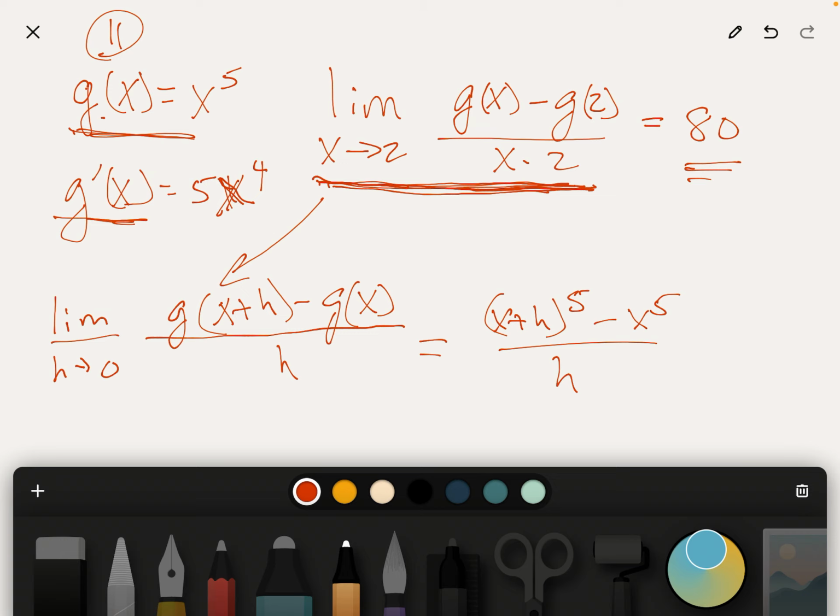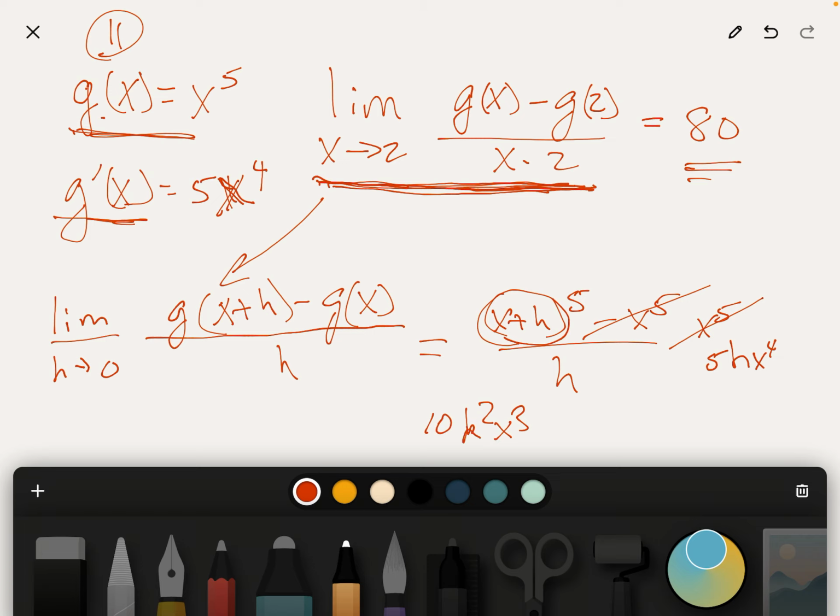But what you would find is, if you expanded this term here, you'd wind up with an x to the fifth term, but that would go away because you subtract x to the fifth. You'd also wind up with the term 5h times x to the fourth, and then a bunch of other terms like, maybe 10h squared x to the third.